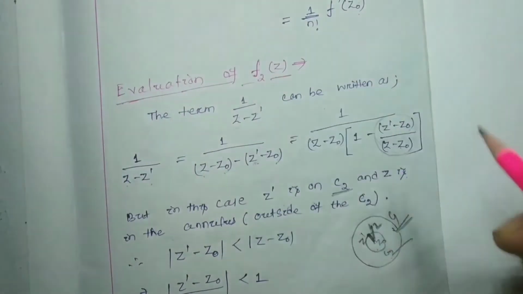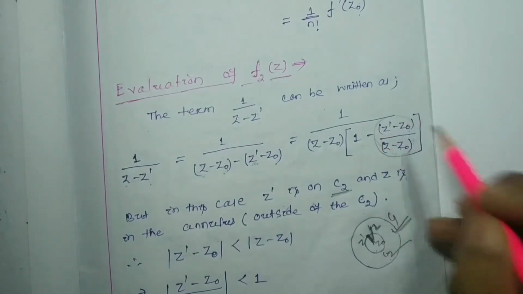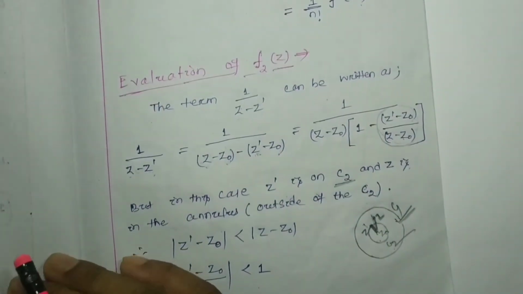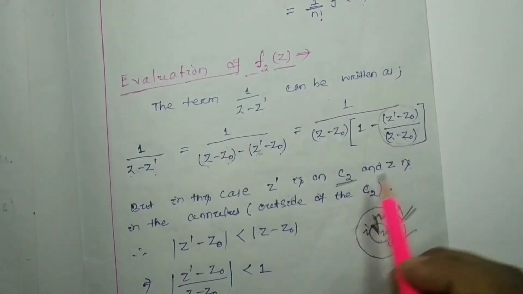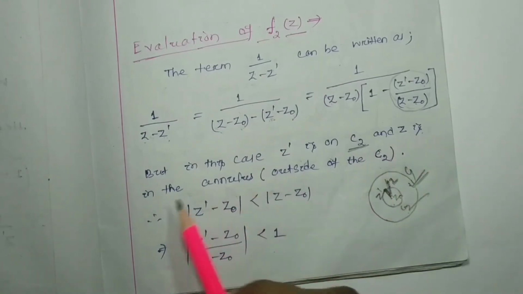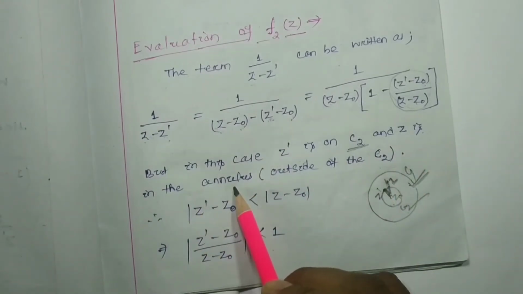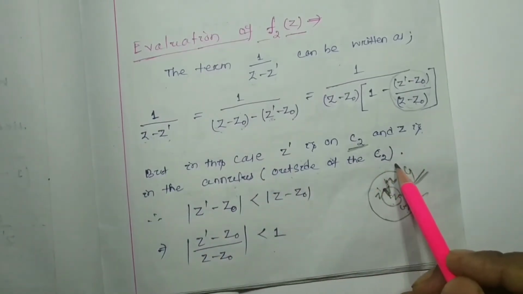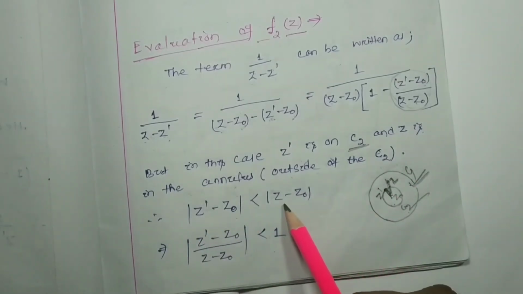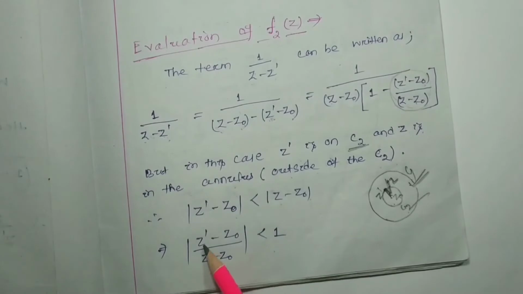Whenever we do problems, you can analyze and perceive well. So z is in the annulus but outside C2. Therefore z dash minus z0 is less than z minus z0, and hence z dash minus z0 by z minus z0 will be less than 1.